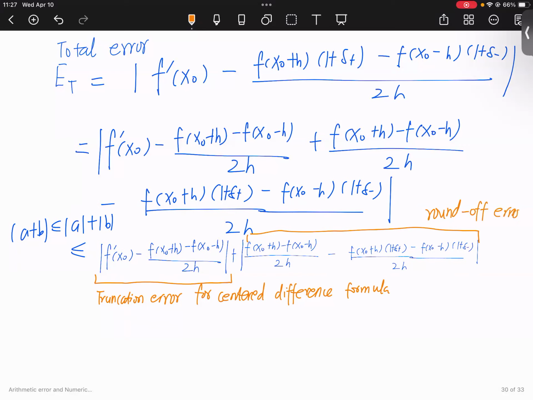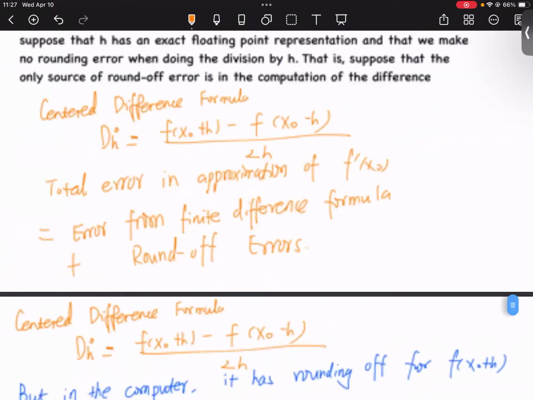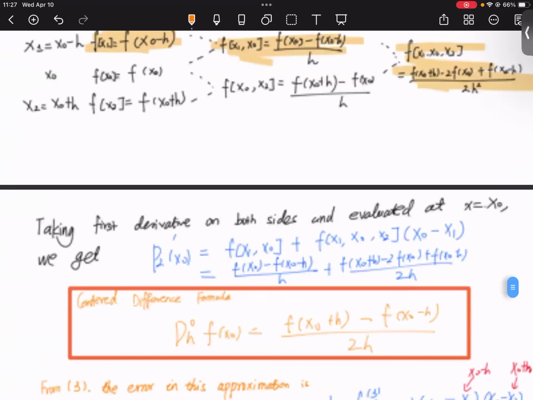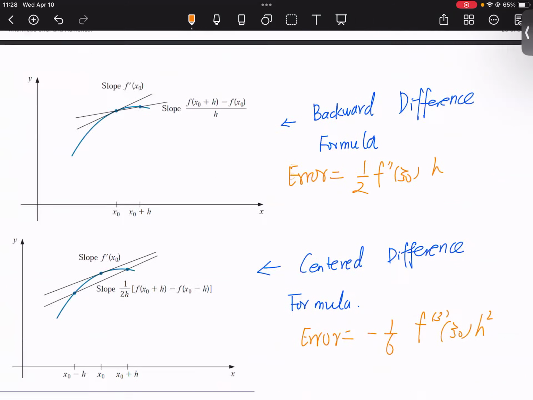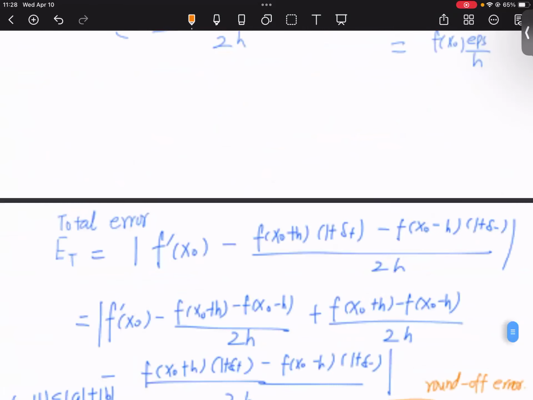Let's go back to take a look at the notes here. From the center difference formula, we got f'(x0) minus the center difference formula, and then this is our truncation error. So I'm going to copy this to here, and then I got this.